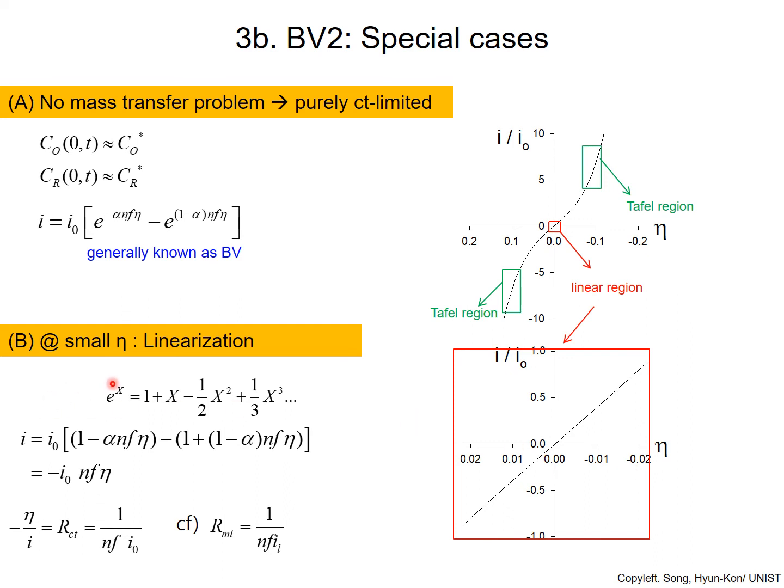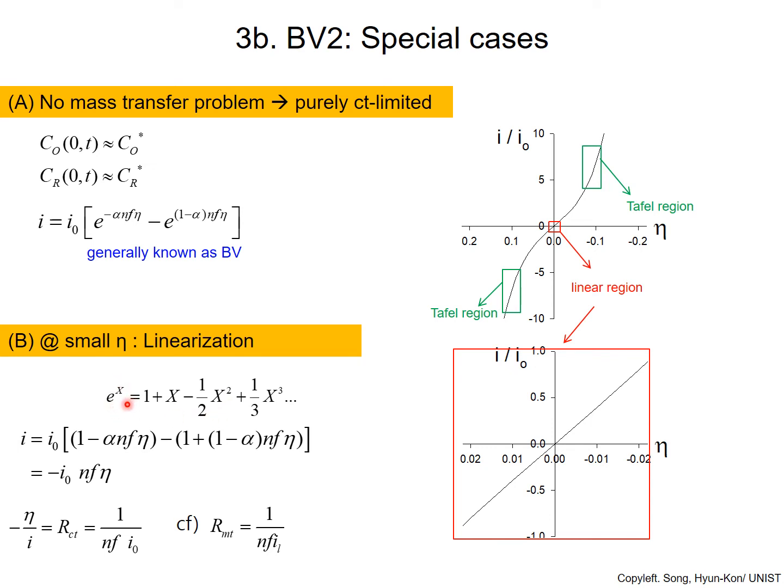I'm talking about the small overpotential, or around the equilibrium potential. So the exponential functions of this one and that one could be linearized. We'll use the Taylor expansion.